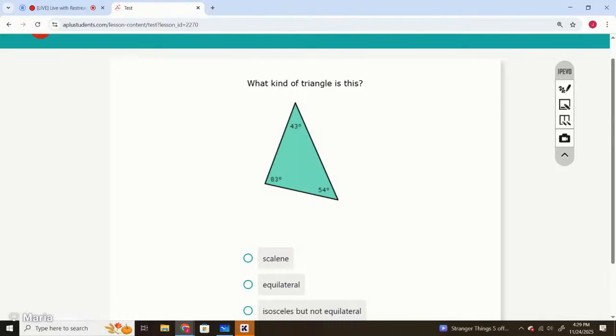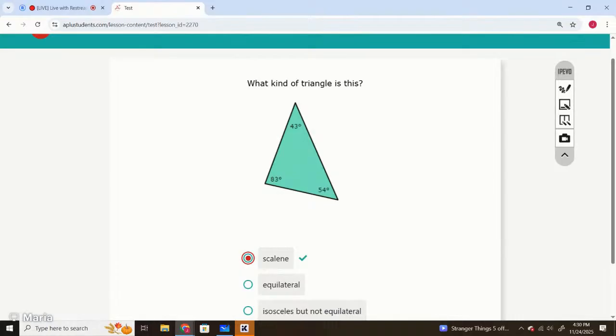What kind of triangle is this? The correct option is scalene triangle.